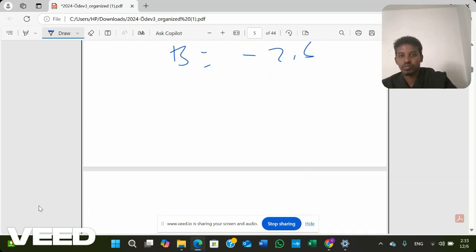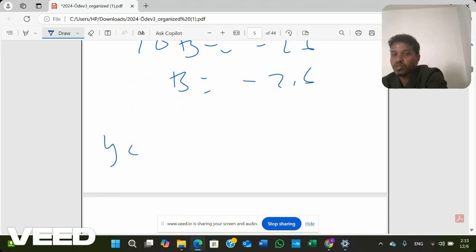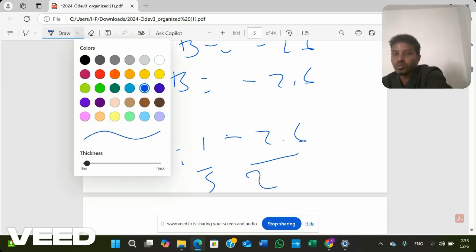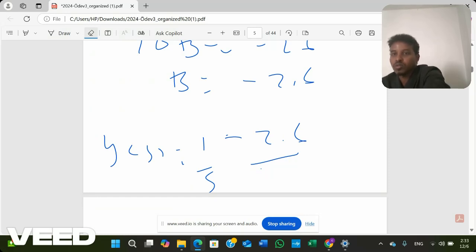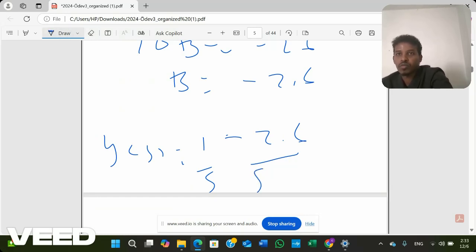Y(s) is equal to 1 over s minus 2.6 over (s + 10) plus 2.6 over (s + 20).